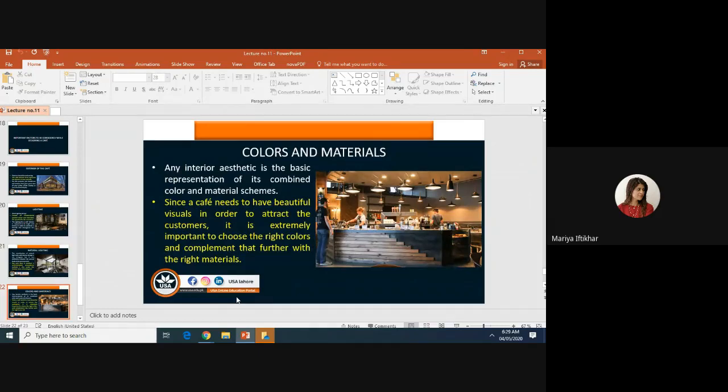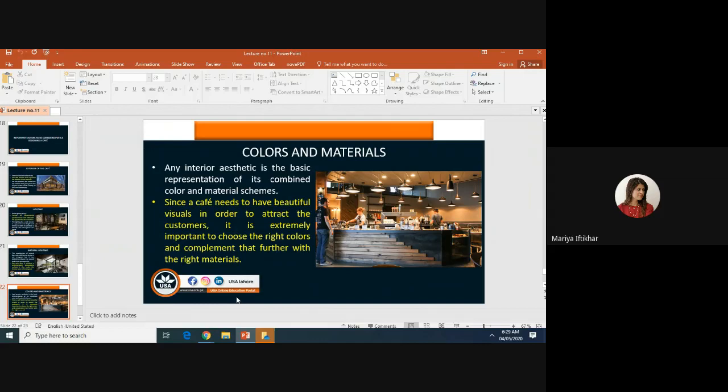Again, I'll say that the interconnection thing appears here too: if you are working on a concept, for instance a feng shui interior design concept, a minimalist approach, contemporary art, or a baroque style of architecture, in whatever architectural style you want to adopt, you then have to follow the colors and materials according to it.